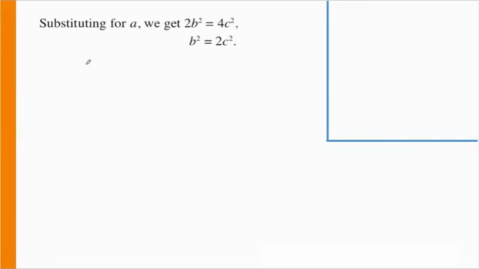Now, if I take this 2 to the right-hand side, I get b square is equal to 2c square, because we will be doing b square is equal to 4c square divided by 2, and that will give us 2 ones are 2 and 2 twos are 4, and so I have b square is equal to 2c square.